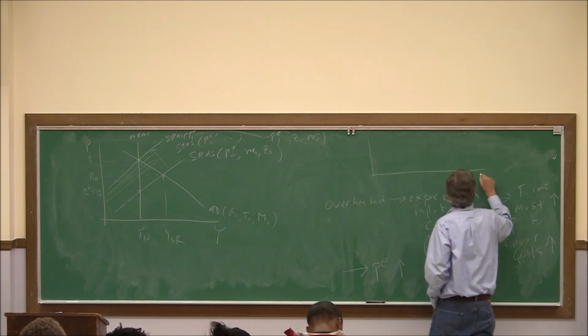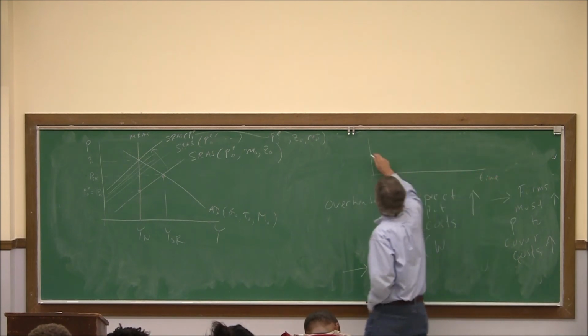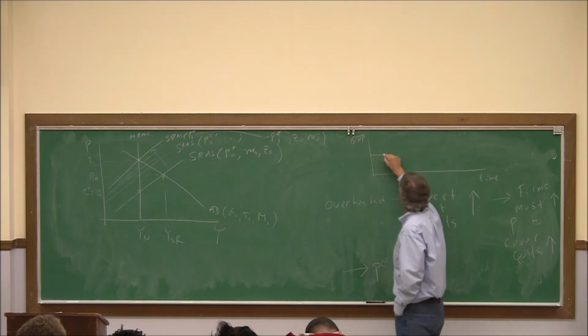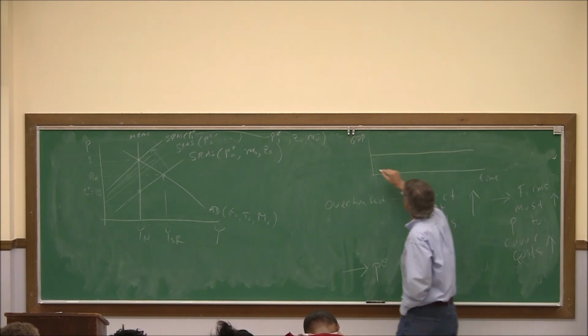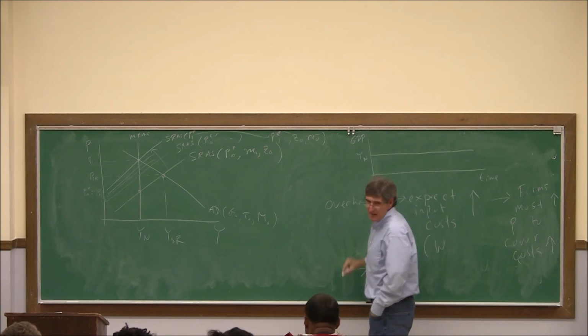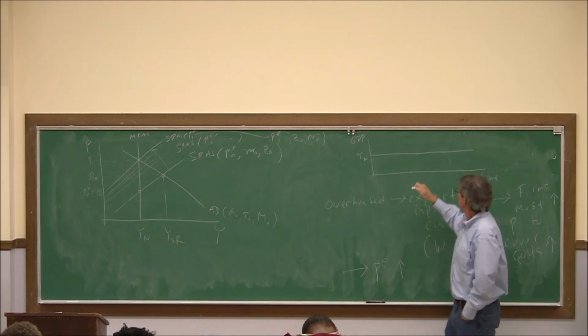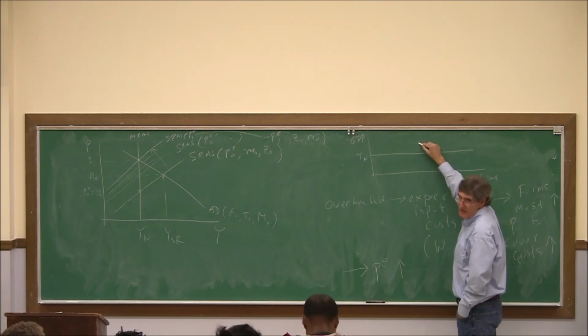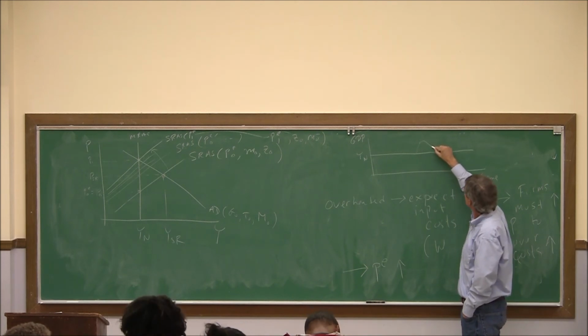So if we were looking at GDP over time, in our model, we don't have any growth, so the natural rate is constant here. Basically, output, in this case, goes above the natural rate for some reason, and then there's a reason for it to come back.